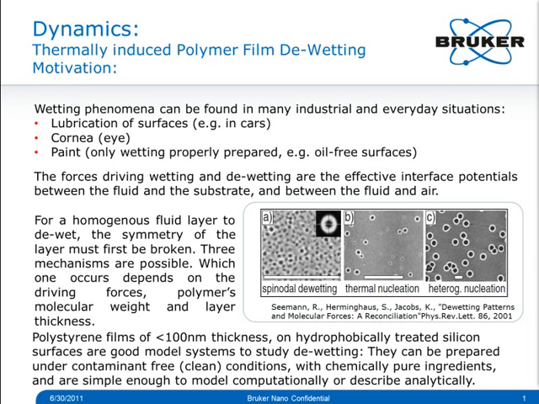different de-wetting phenomena. Wetting phenomena can be found in many industrial and everyday situations. Lubrication of surfaces, like in cars and car engines, the cornea in the eye, or paint.